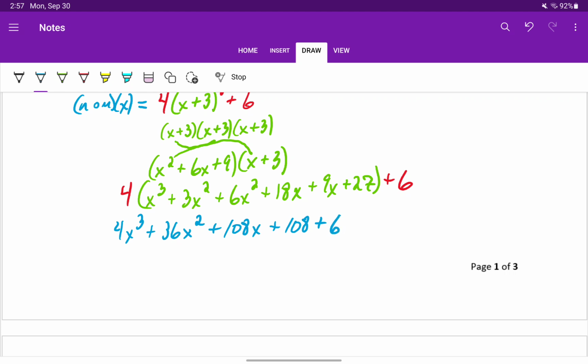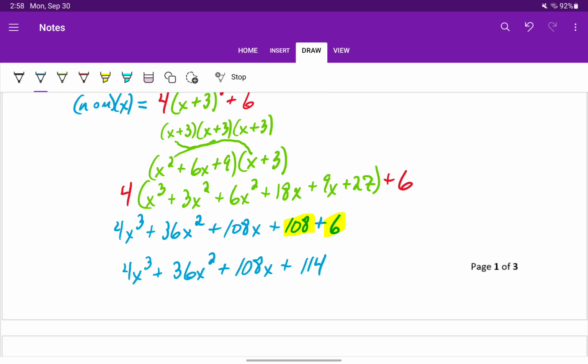Then combining our like terms, which is just the 108 and the 6, we'll get 4x cubed plus 36x squared plus 108x plus 114.